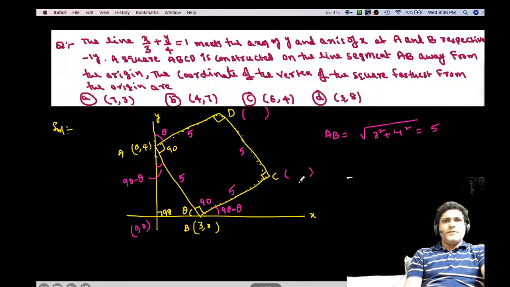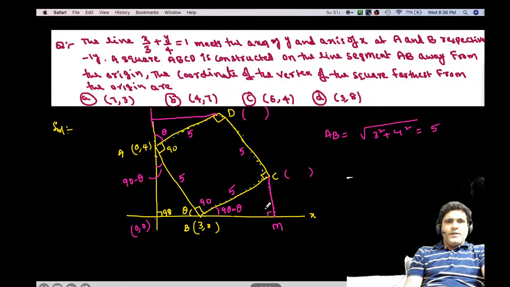Then from these C and D, we need to find which coordinate's distance is greatest, the maximum. So for that, you drop the perpendicular from C on this x-axis. This is M, this angle is 90 degrees, and from D, you drop the perpendicular on the y-axis.